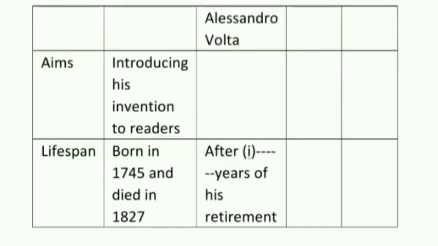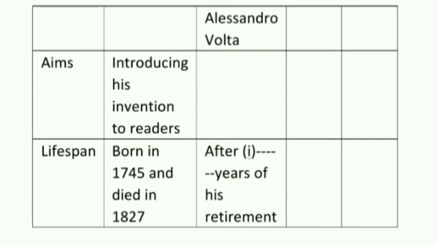Here is the question from the Joshua Board 2020. As we have learned the passage, here is the table. You have to give information here. First one, here is mentioned, introducing his invention to readers. Then lifespan.